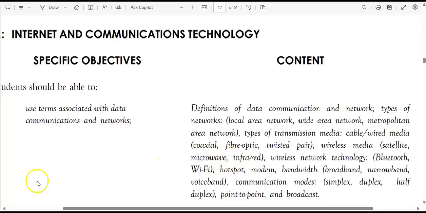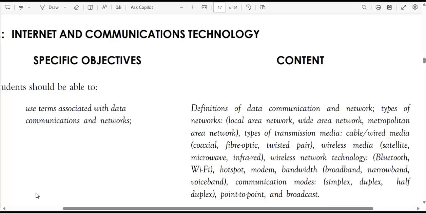Now we're going to explain each one of these. Wireless media transmit data through the air or space without using physical cables. The data signals are sent using electromagnetic waves.